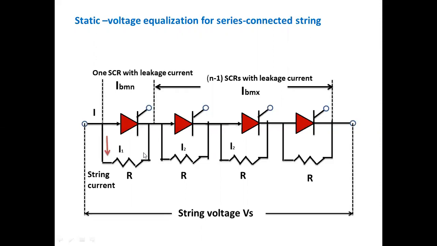What happens if there is an unequal voltage distribution? Suppose we apply a string voltage Vs of 40 volts.